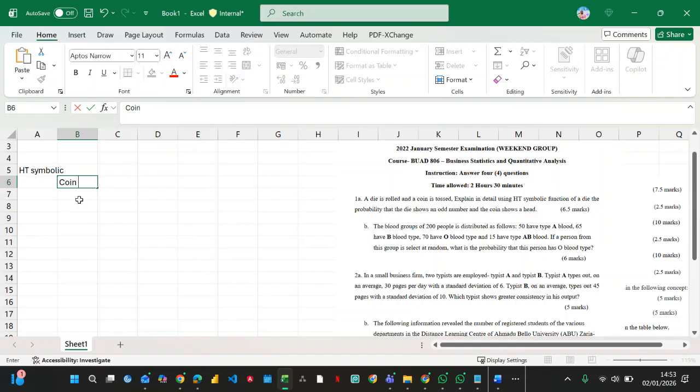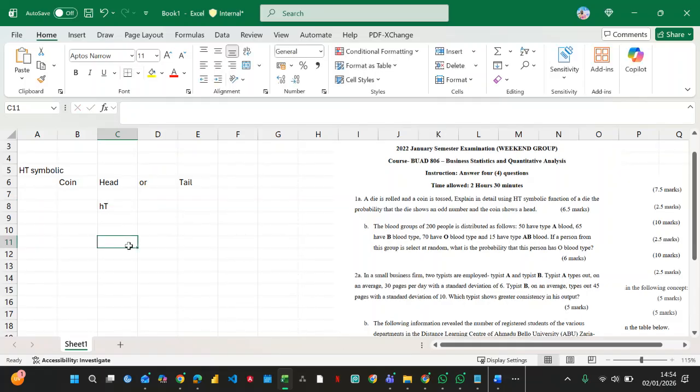It just means they are talking about a coin, and the coin either has a head or a tail, like the coin that we use. So when you see something like an HT symbolic function, it simply represents the possible outcomes of a coin. Do you understand?